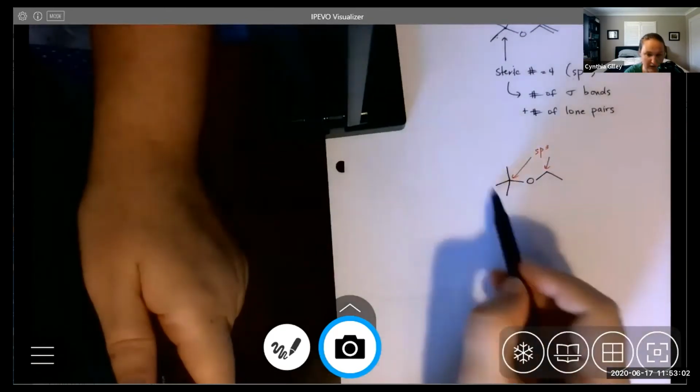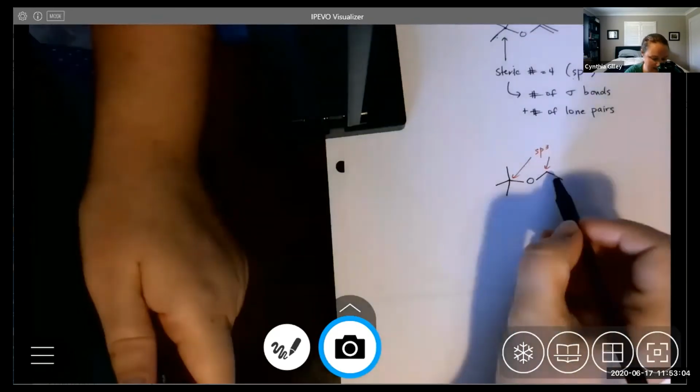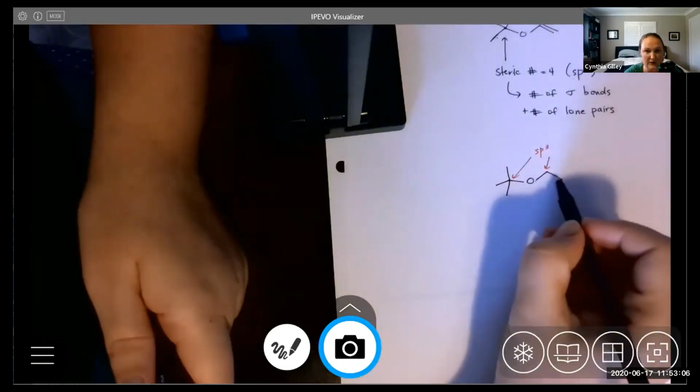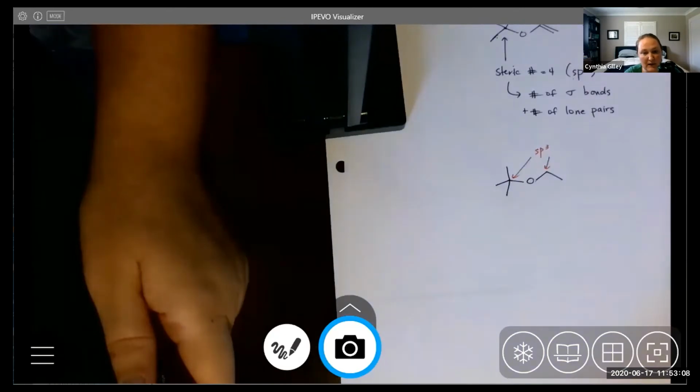So 3 carbons and 1 oxygen. This one is making sigma bonds to oxygen, carbon, and 2 hydrogens. Either way, they're both making 4 sigma bonds, 4 atoms attached. So they're both sp3. So you could cleave both of those in an ether cleavage.